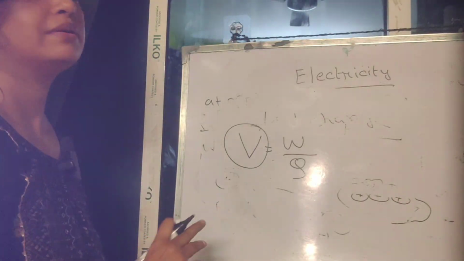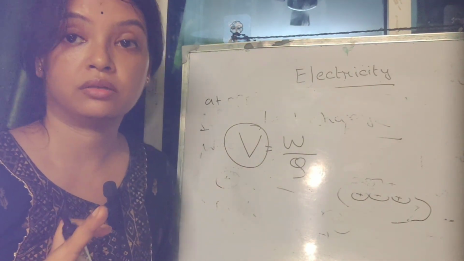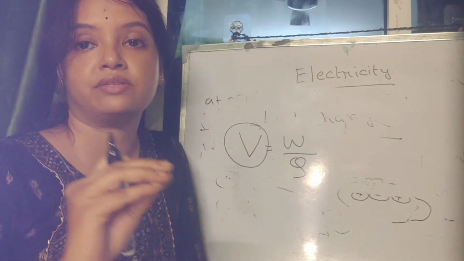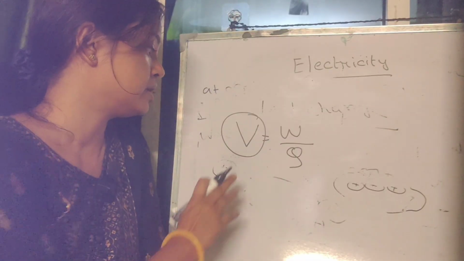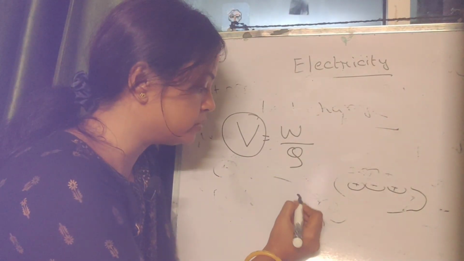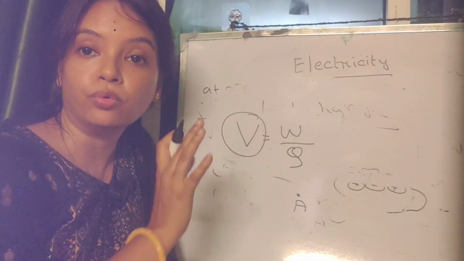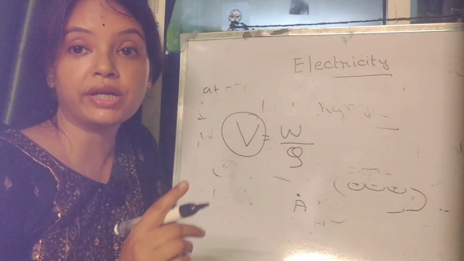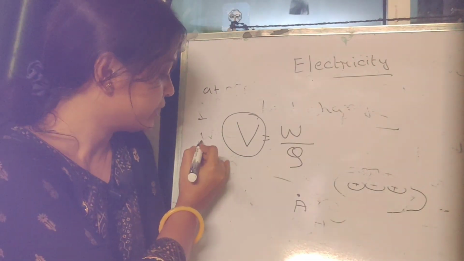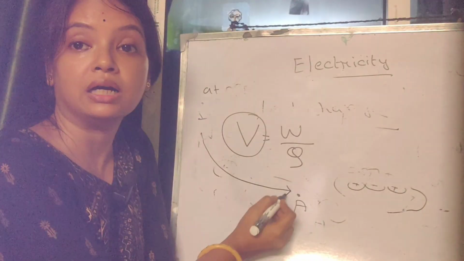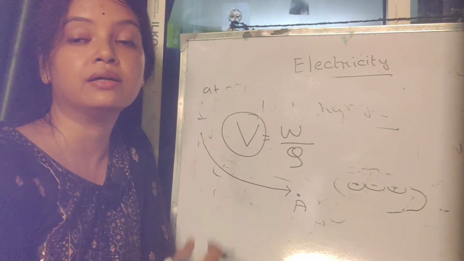We should also mention the point, because at different points the potential will also be different. So potential at a particular point is defined as the amount of work done per unit charge in bringing the positive charge from infinity to that particular point. That is the potential of that point.